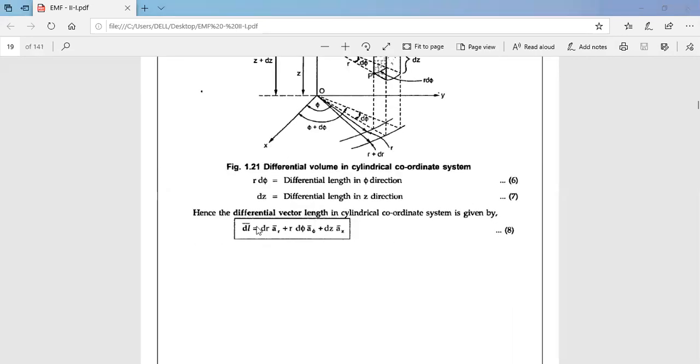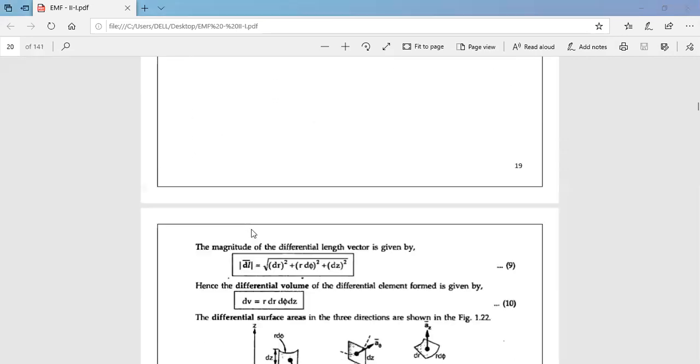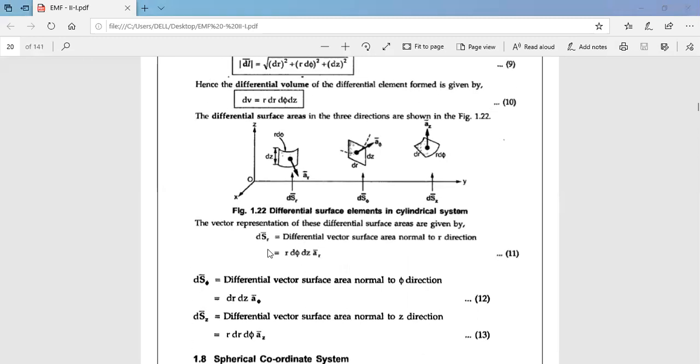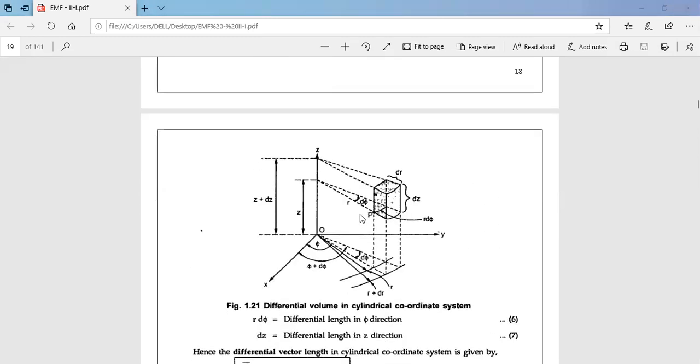So see that now. The surface is dr dz in the a phi.